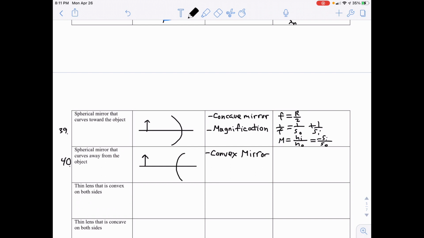In a convex mirror situation, the focal point is now on the far side of the mirror because the curvature is away from the object, which means now the focal length is going to be negative. So focal length is positive for concave mirrors. It's negative for convex mirrors. But the formulas are identical.